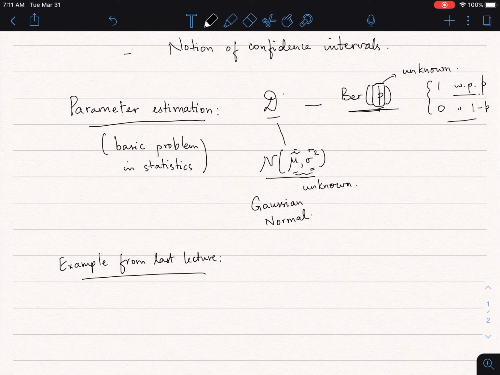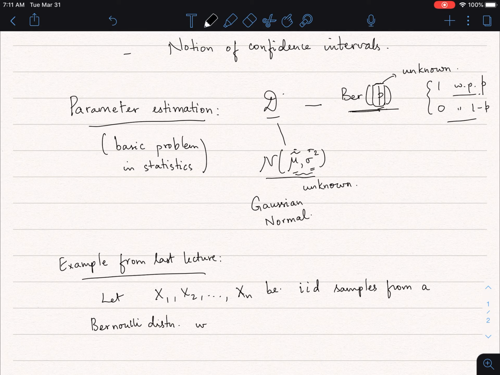Let x1, x2 up to xn be IID samples from a Bernoulli distribution with parameter p. I'm writing this out so that you know how one writes this.